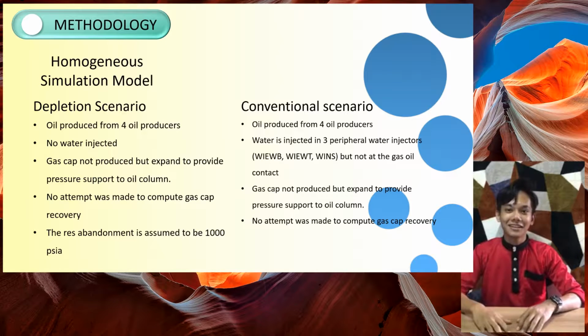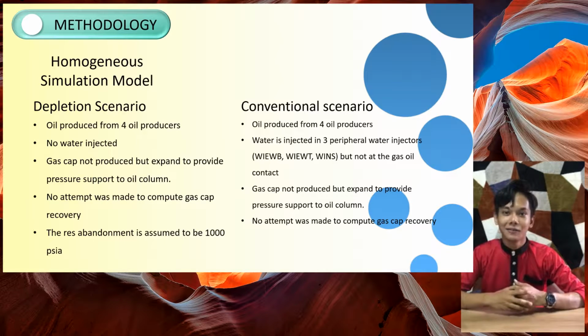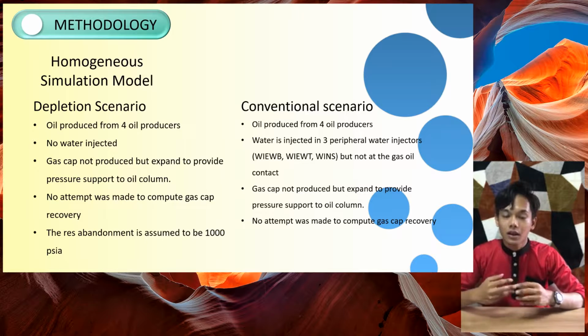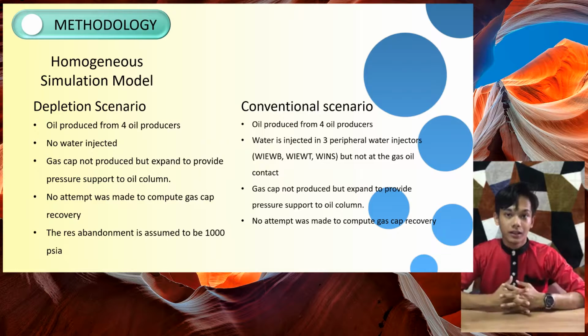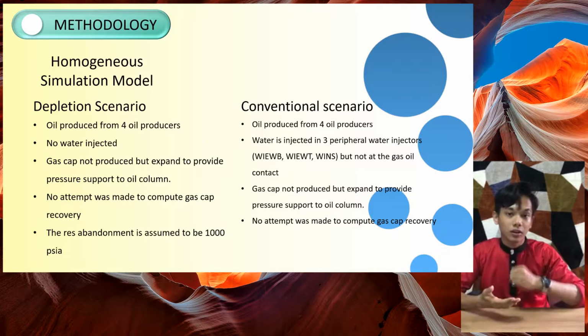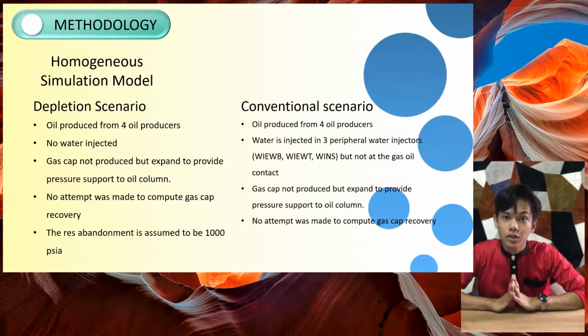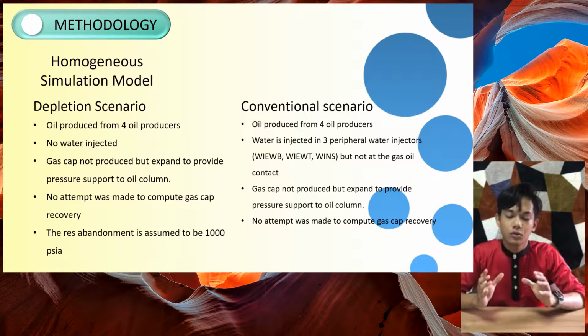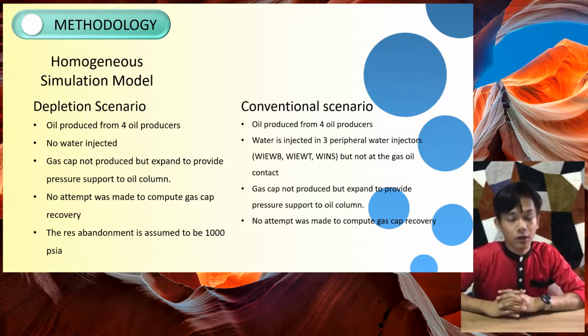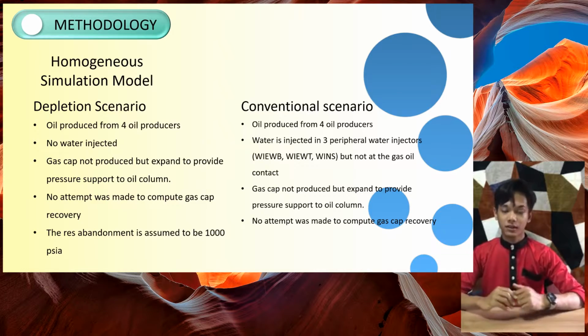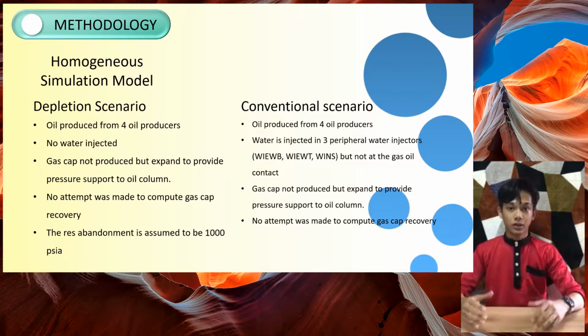The water is injected in 3 peripheral water injectors, which are WIEWB, WIEWT, and WINS, but not at the gas oil contact. And the gas cap is not produced here, because it is used as pressure support for the reservoir through fluid expansion, and there is also no attempt to compute the gas recovery.